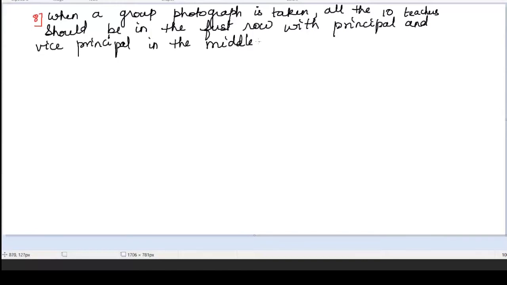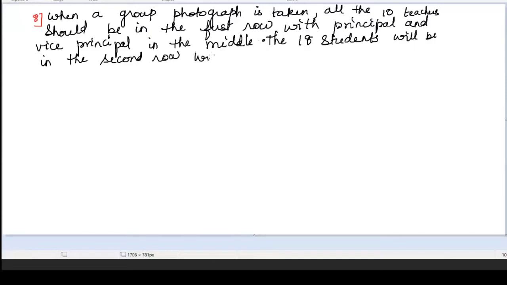Full stop. The 18 students will be in the second row, with the two leaders at the extreme. Full stop.